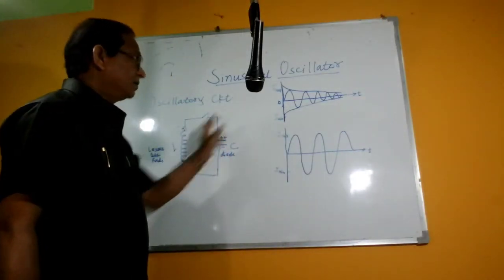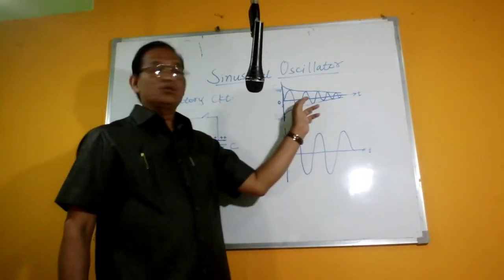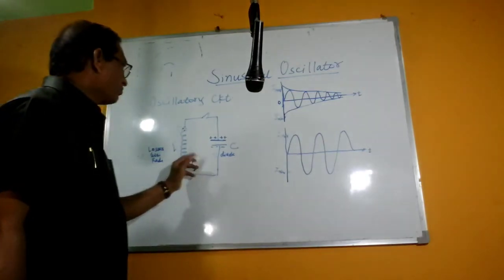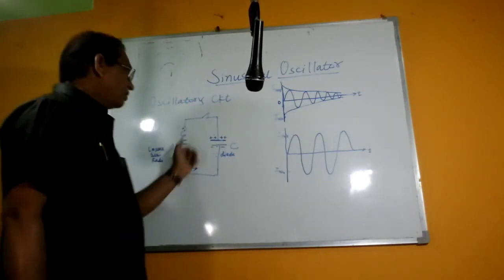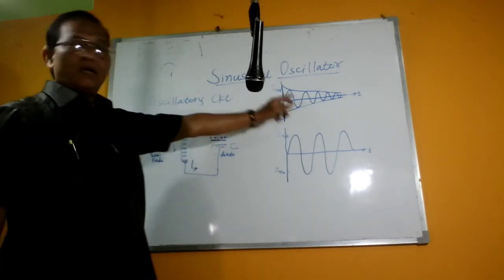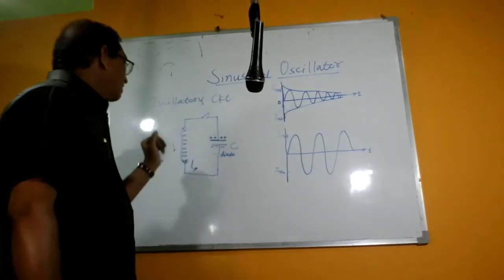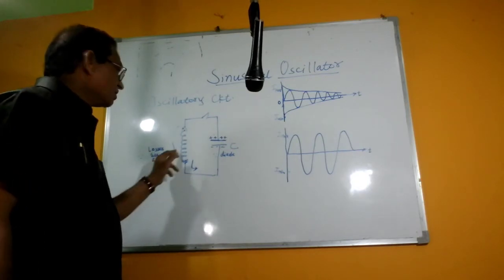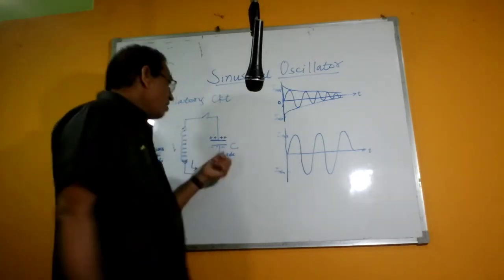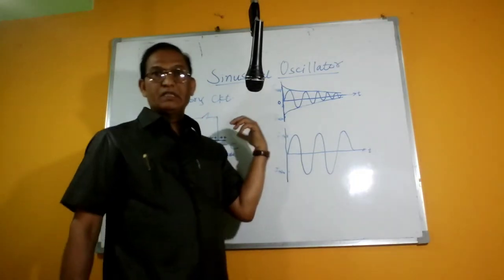The tank circuit gives us damped oscillations because of the losses of energy for every time interval. These losses are because of the resistive losses and radiation losses in the inductor, and the dielectric losses in the capacitor.